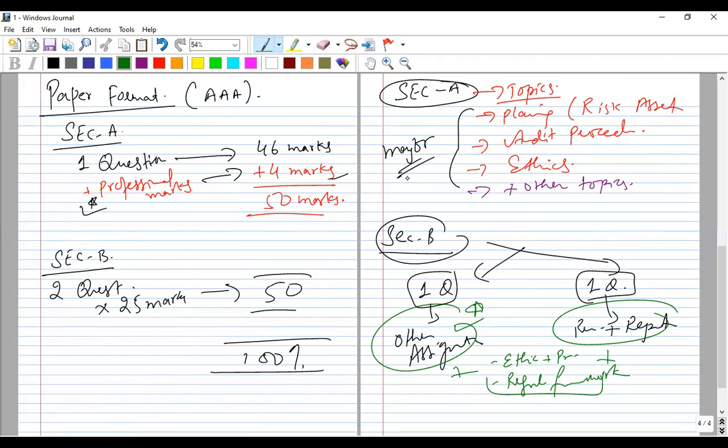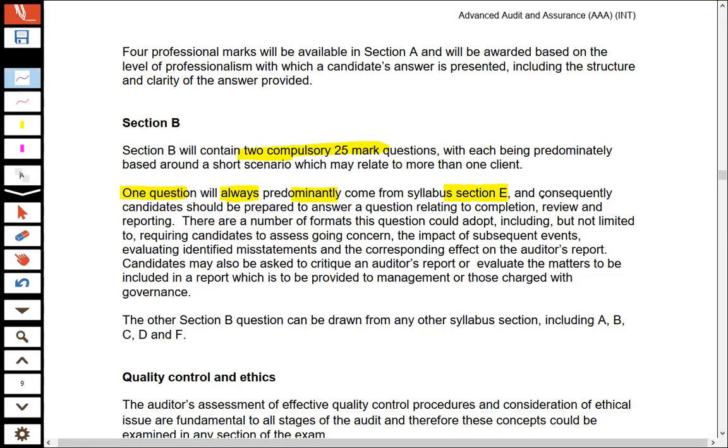What is the next statement here? Consequently, candidates should be prepared to answer the question in a number of formats. And the other section B question can be drawn from any other syllabus area, including A, B, C, D, F, any of the areas.